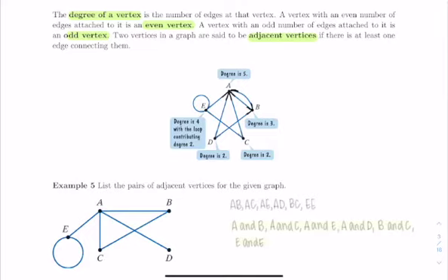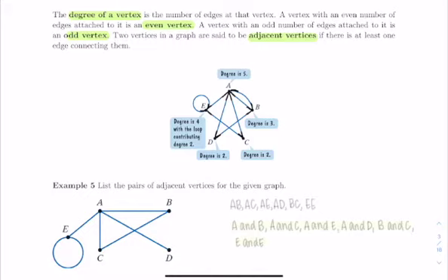With E, we have 1, 2, and the loop has 2 because it's coming out from both directions. So that ends up having a degree of 4. Vertex D has 2 edges, and so does C. So the biggest thing to remember is that a loop will contribute 2 extra edges.